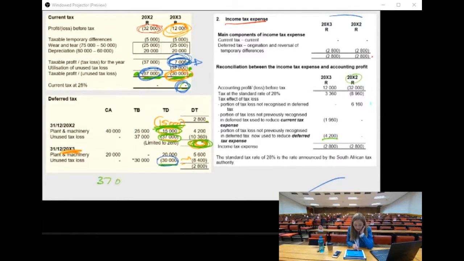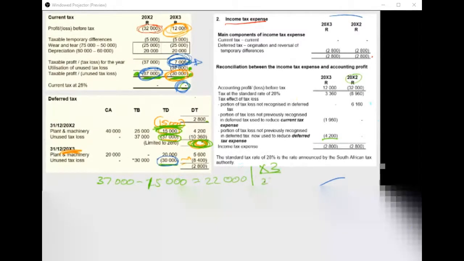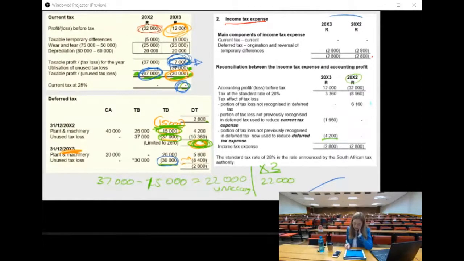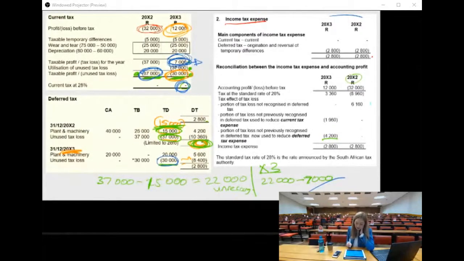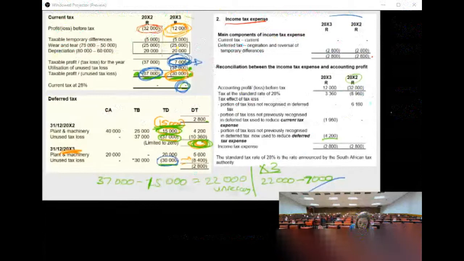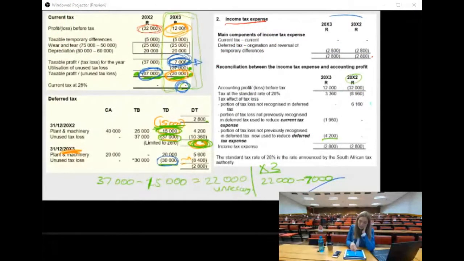So the difference, the unrecognized bit of the 37,000 less the 15,000 that we could recognize, gives us 22,000 that was unrecognized. Now when we get to 20X3, we have that unrecognized portion at the beginning of the year, of which we use 7,000 to decrease my income tax expense for 20X3.